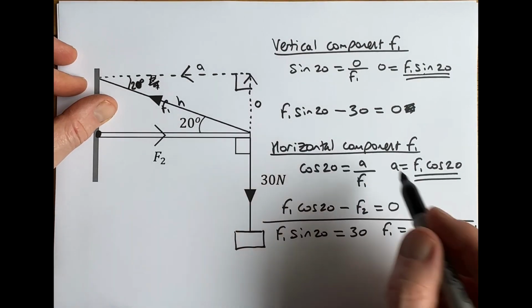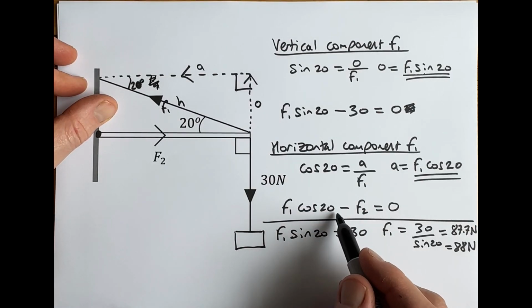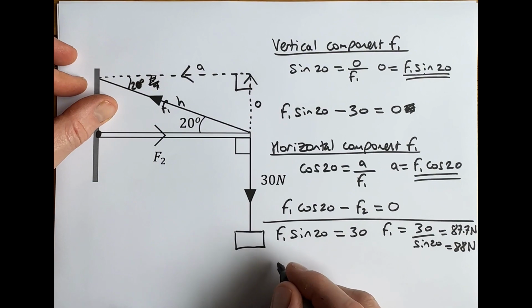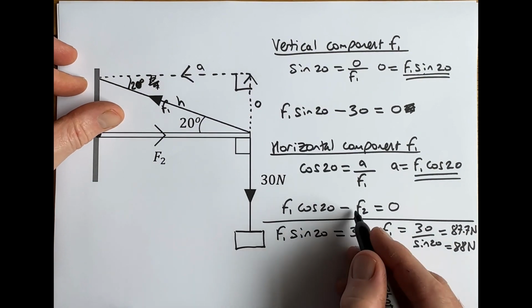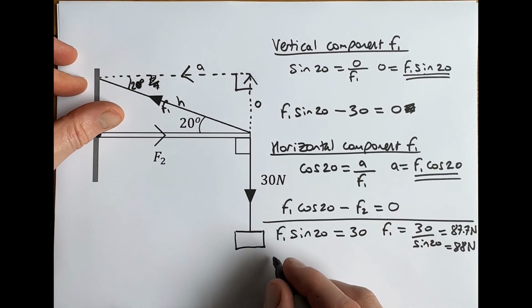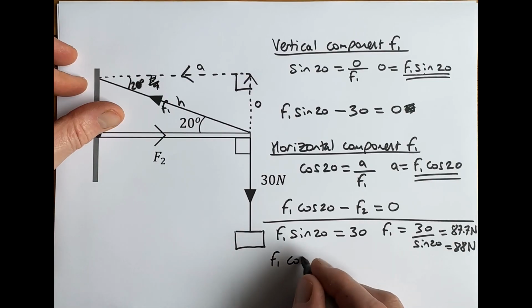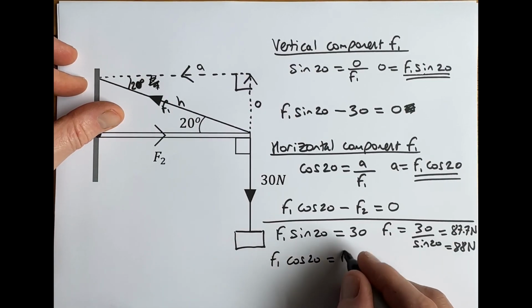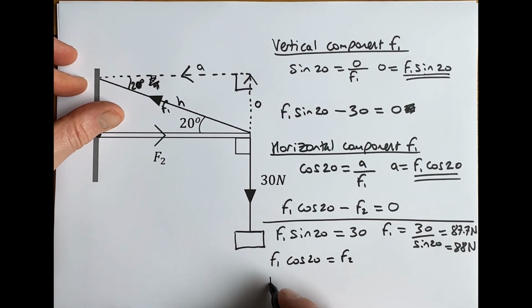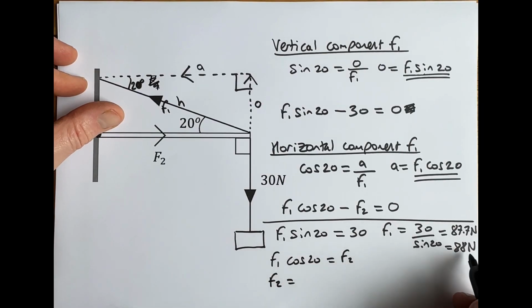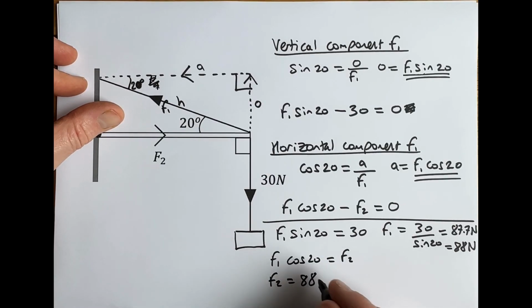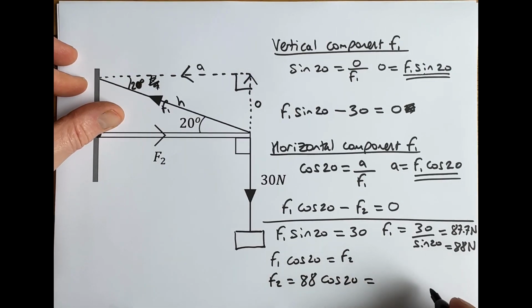Then we can solve this equation now. So we know that basically if we take this onto the other side, we've got F1 cos 20 is equal to F2, and therefore F2 is equal to F1, which is 88 cos 20, which is going to give us our answer, which will come out as 82.